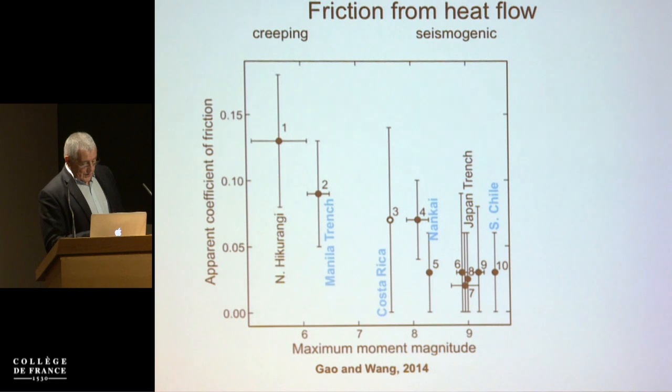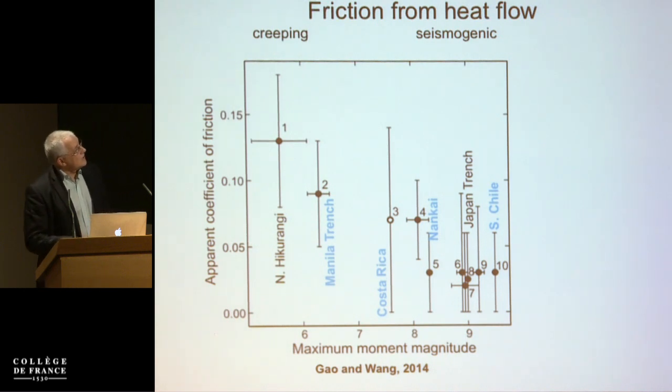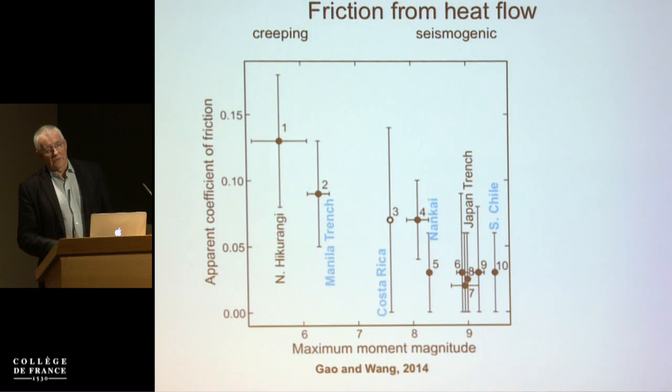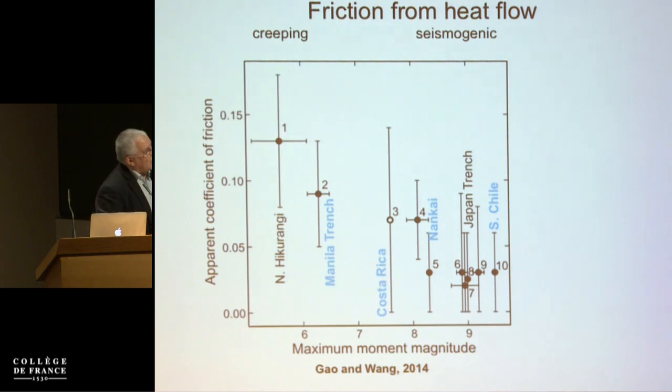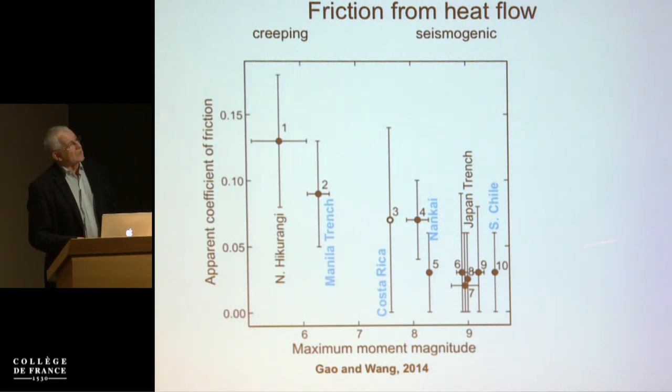This is the apparent friction coefficient, and this is the maximum magnitude of the earthquake at this particular zone. And they claim that there is a negative correlation, so the largest earthquakes are happening where you have the lowest friction coefficient. I would say, looking at the error bars of their data, it would be more consistent to say that there is no correlation at all.